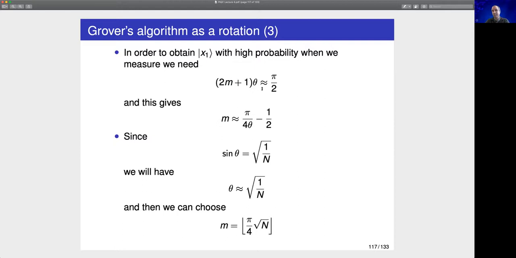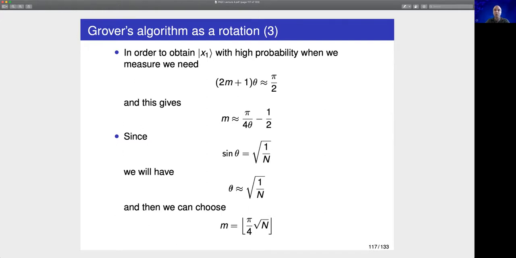And then just by doing some algebra, we obtain that m is close to pi over 4 theta minus 1/2. Okay, but since the sine of theta is 1 over the square root of n, and n is big because in general we are using a lot of elements here, and remember that the number of elements is 2 to the number of qubits. Okay, that is the number of strings we are searching over. This is going to be very close to 0.